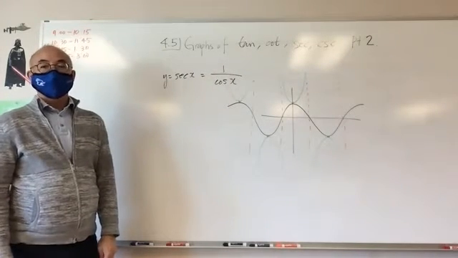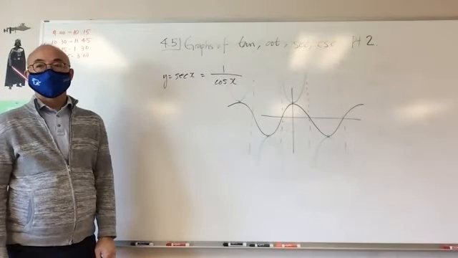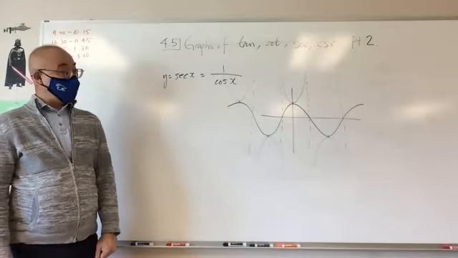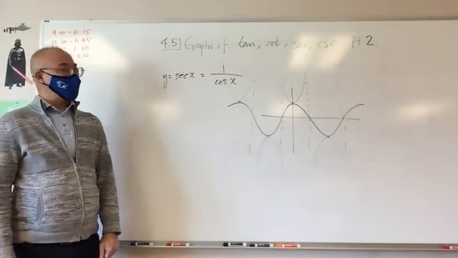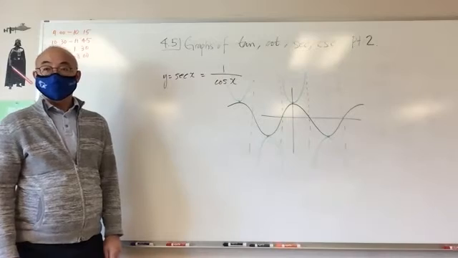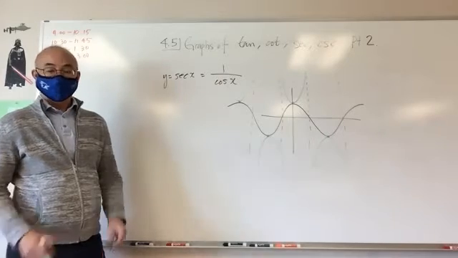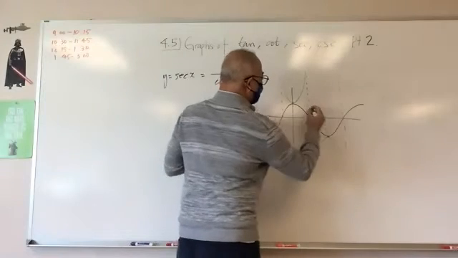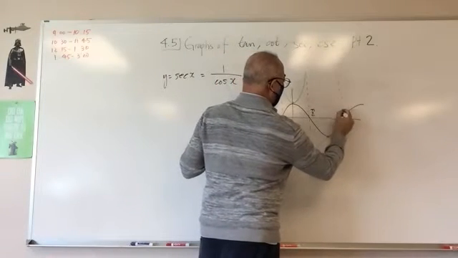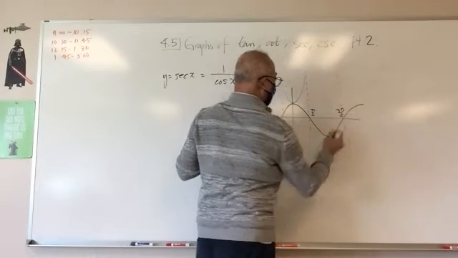Right? What is the period? 1? Oh, wait, no. Is it pi? Every pi I replicate myself? It's like yes and no. So this is pi over 2, and this is 3 pi over 2.